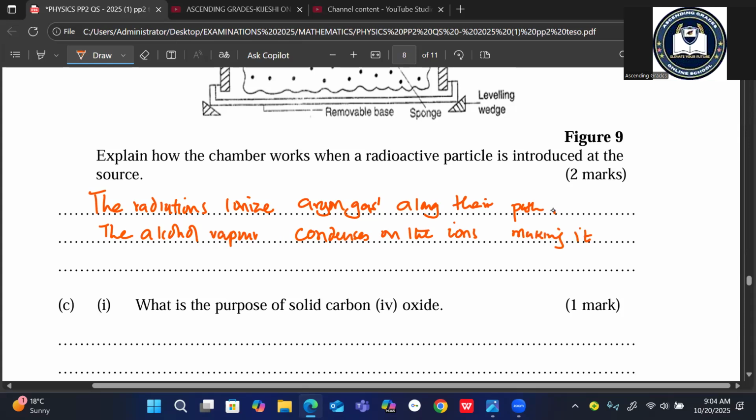Making it feasible, forming visible tracks.